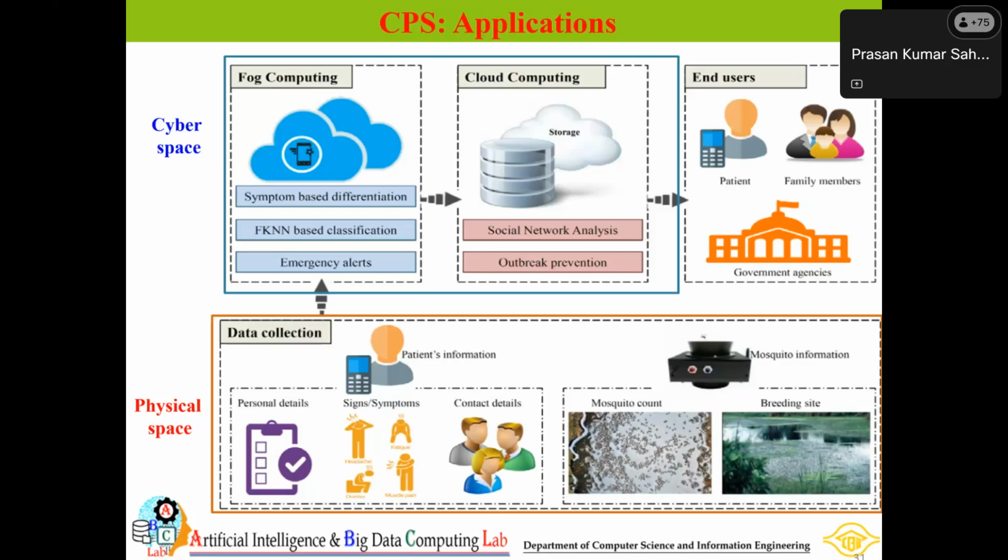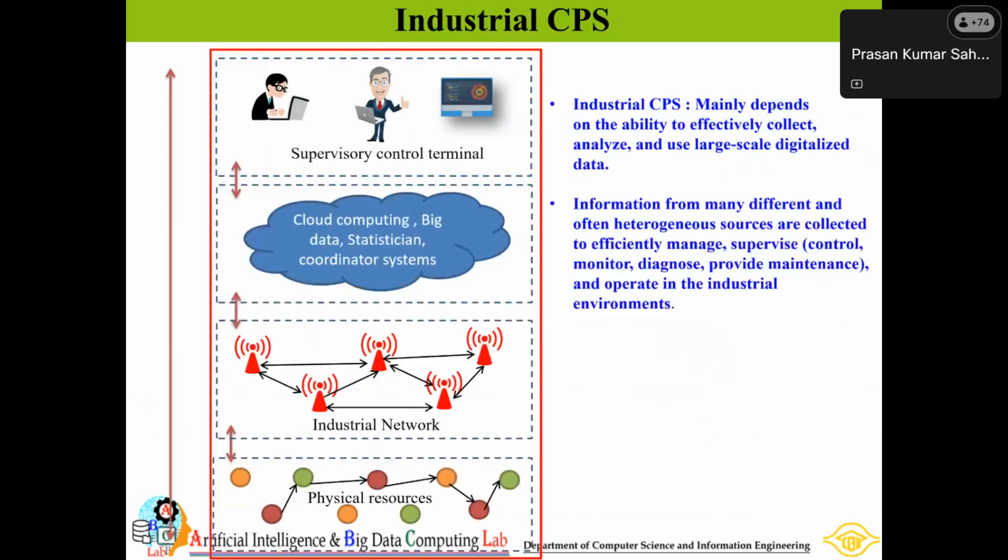So I'm coming to the data part, such as the mosquito counts and the breeding sites. Those are the physical systems, and from those physical systems data can be collected. I'm not talking about the communication system. Then we can transmit data to the cyber system in order to create the cyber physical system.